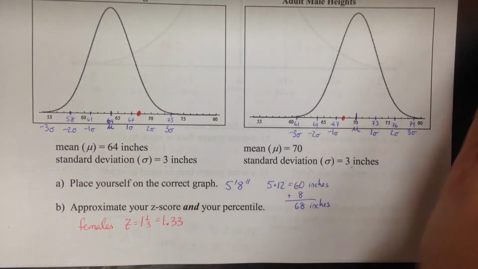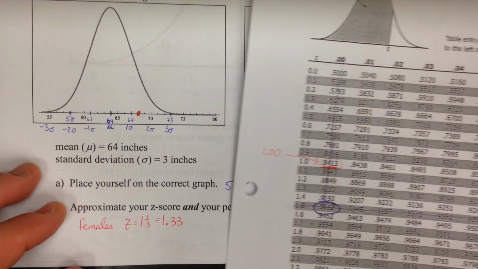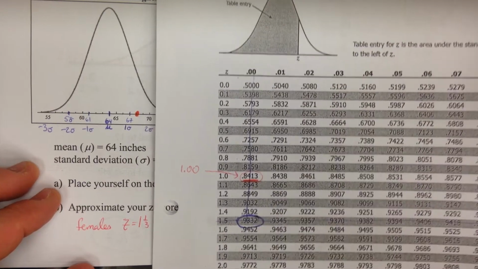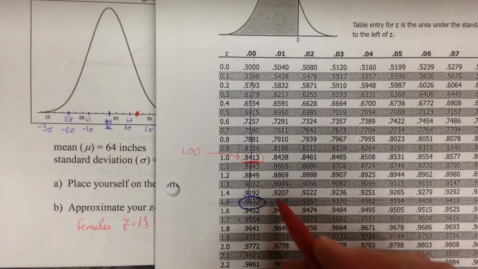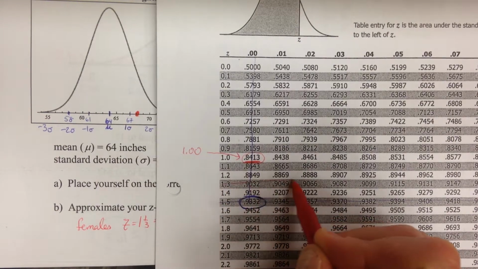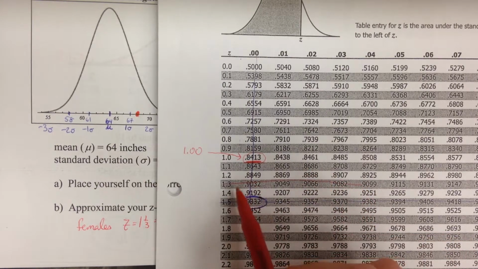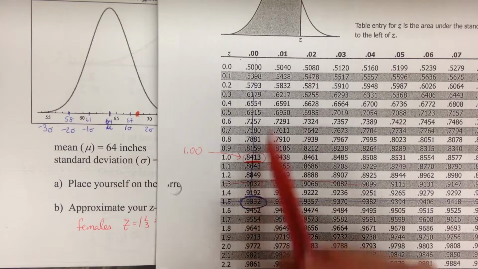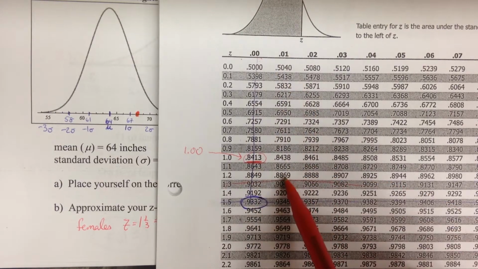All right, what percentile would you be at? Well, let's go to our sheet here. For z-scores, 1.33. So I'm going to come to 1.3, which is right here. Here's the row. And I want to get 1.33. So the first big decimal here is 1.30, and then 1.31.